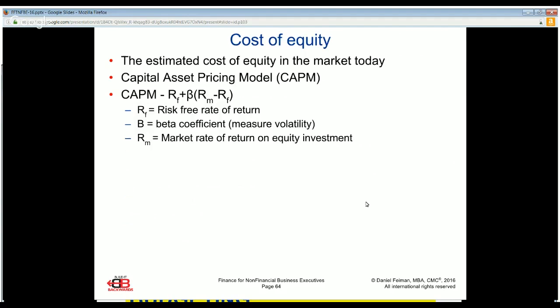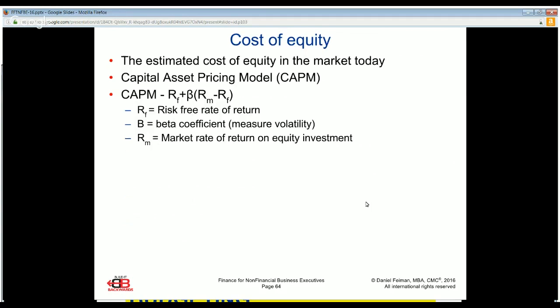Okay, next component, the beta coefficient. The beta coefficient is a measure of volatility. How much do our shares go up and down in the marketplace compared to the rest of the market? I'll give you some good news here. We don't have to calculate the beta coefficient. It is published for virtually all listed companies on a variety of websites and by every investment house.